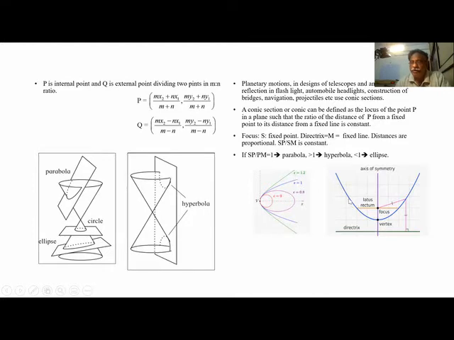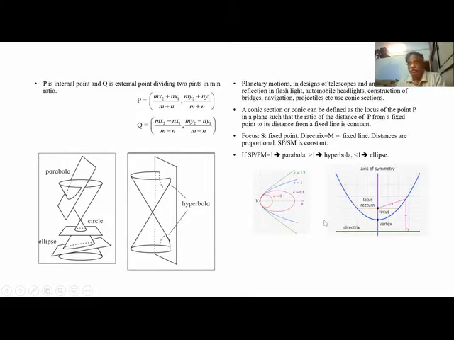If this distance is much more than this, then this is a hyperbola, a wide open one. Ellipse is less than one. You can have a variation from 0.1 to 1. So this is how all three are based on the ratio of the distance from a point to a line, for the set of points.